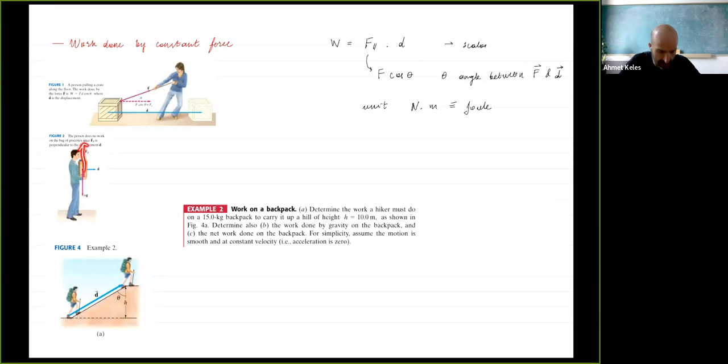So you're acting with some force, and you're coming back home or to your dorm, moving with constant velocity. You may think that you are doing a lot of work and you are tired, but from the physics point of view, we are not doing any work, because this force F sub P is perpendicular to the displacement D. So you have to displace the object to be able to do work.